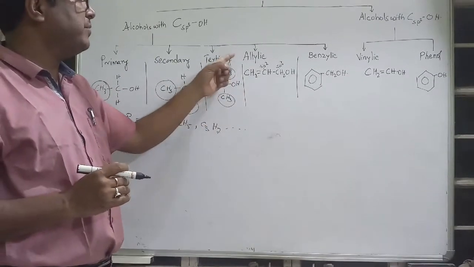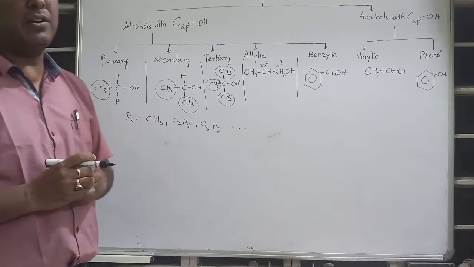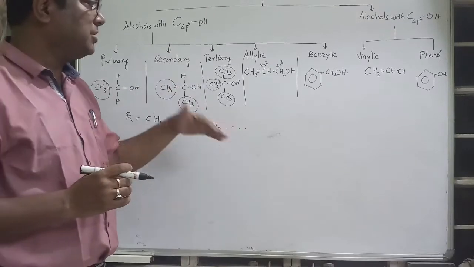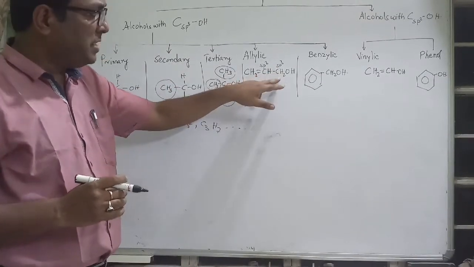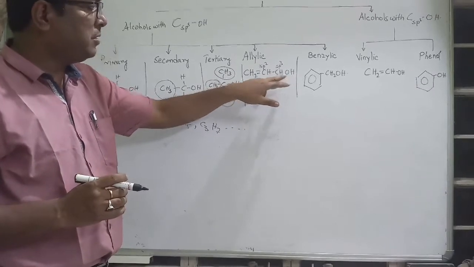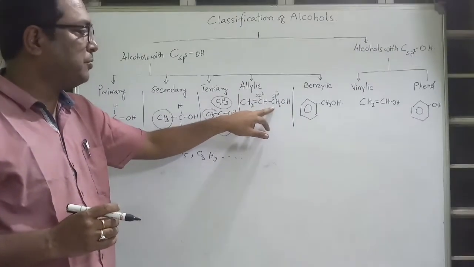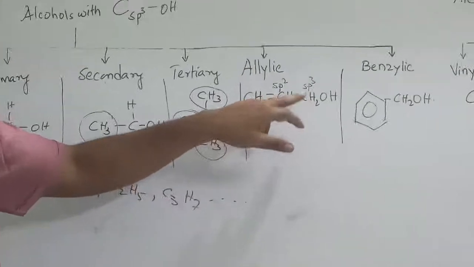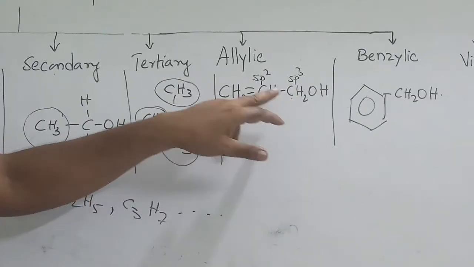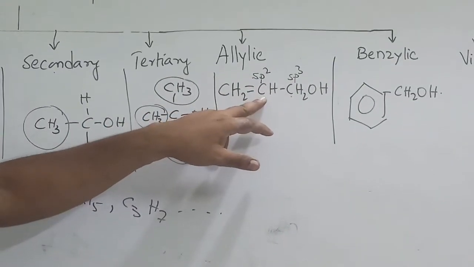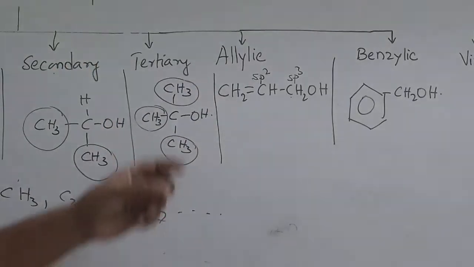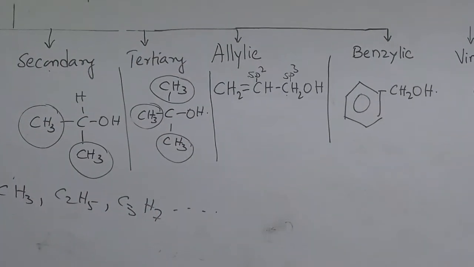In that case, we call this allylic alcohol. I can just tell you once more. Be sure that if the OH group is attached to an sp3 hybridized carbon, and the sp3 hybridized carbon is attached to a neighboring carbon which is sp2 hybridized, it is called allylic alcohol.